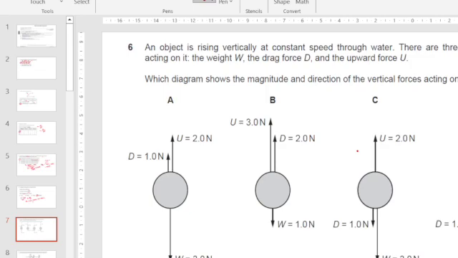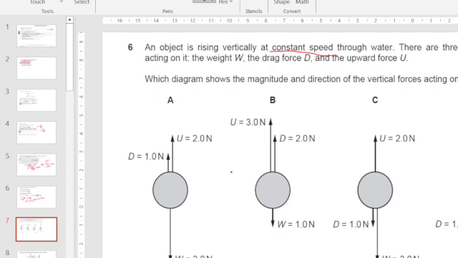And the sixth question: an object is rising vertically at a constant speed. This is the keyword. Through the water. There are three vertical forces acting on it. Weight. Weight of an object will always act in the downward direction.